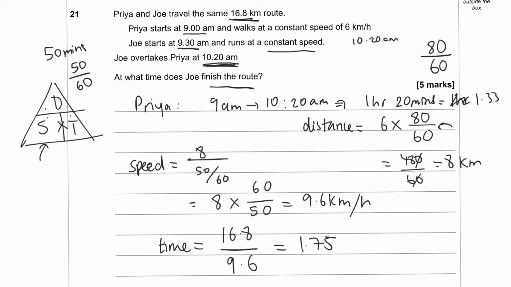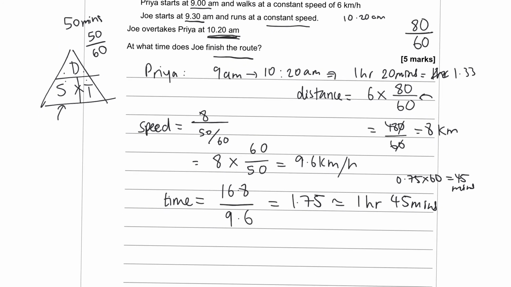Obviously, you can't leave it as 1.75, because that's just telling you it's going to take him 1.75 hours to finish. If we convert 1.75 into minutes, that's 1 hour and then 0.75 times 60, which your calculator will tell you is 45 minutes. So that would be 1 hour 45 minutes.